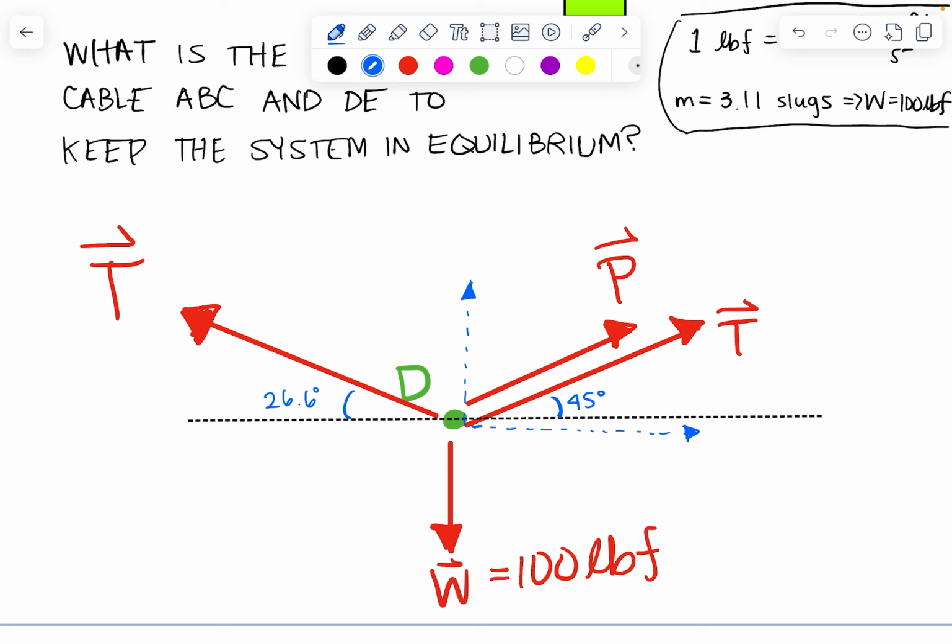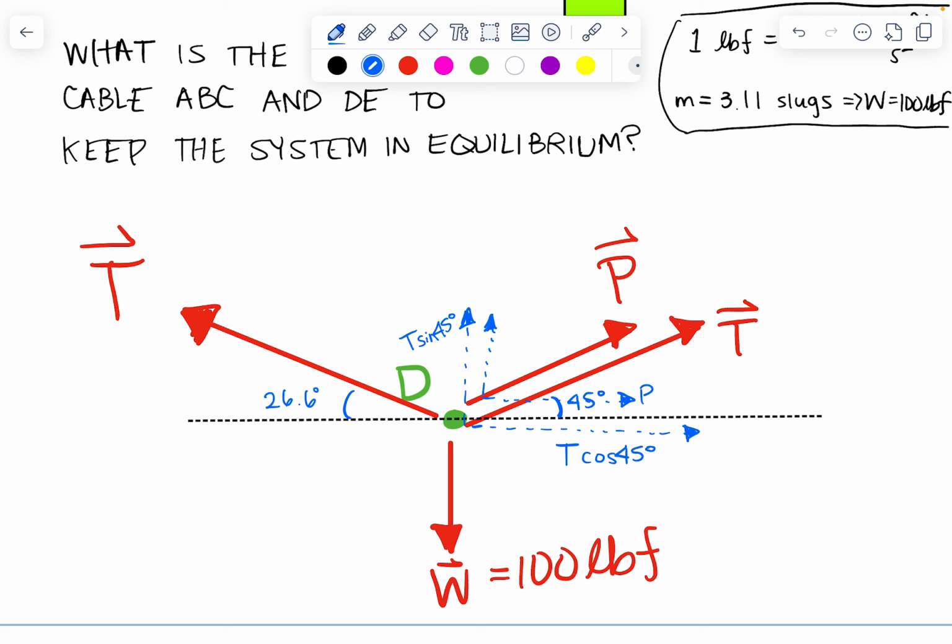So I'm forming a rectangle here with my T vector, and the x component is going to be T cosine 45 degrees, and the y component is going to be T sine 45 degrees. Okay, and then we can do the same thing for P. So I'm going to have a vector along the y-axis and a vector along the x-axis.